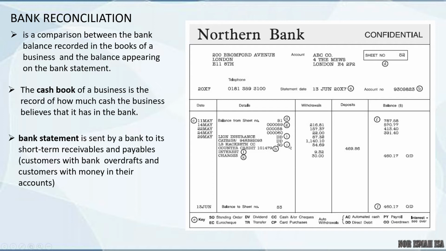K is for the bank charges, same for the interest. And this is the number for the deposit, the transaction number. And this is the balance to date as at 30th June, whereas this is the key for each short form here.